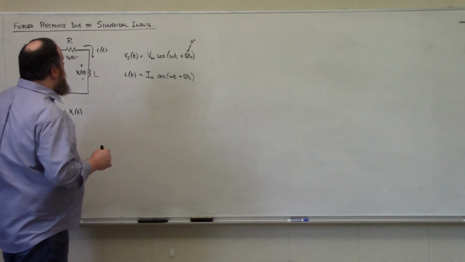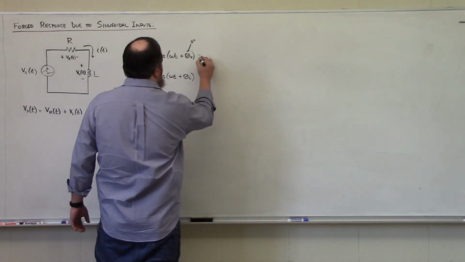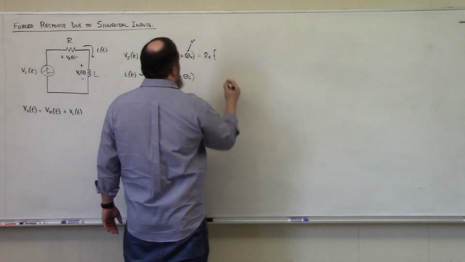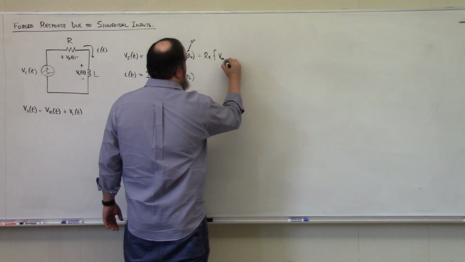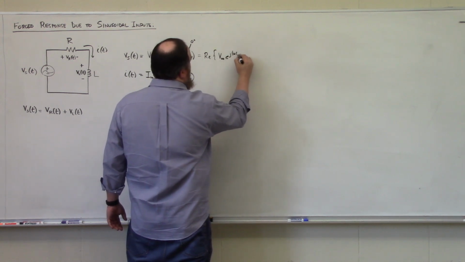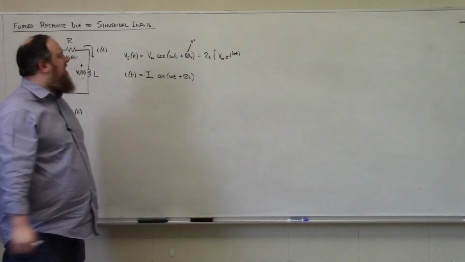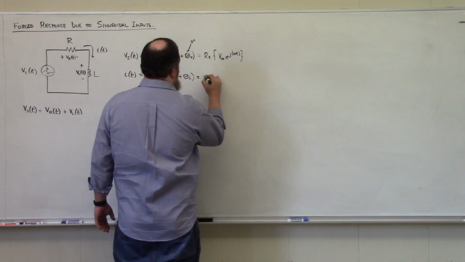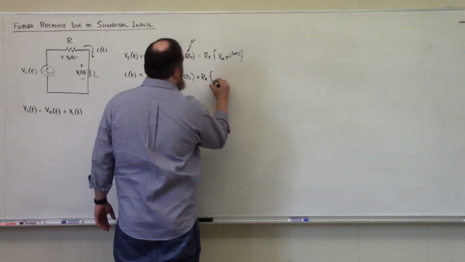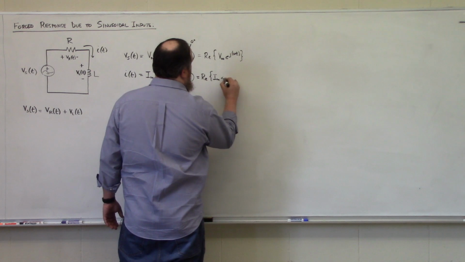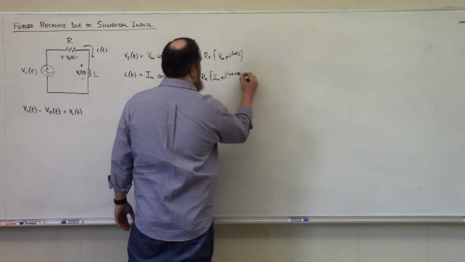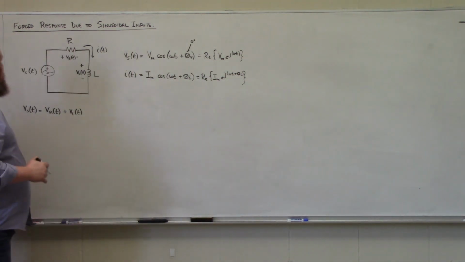So, what I'm going to do is I'm going to say that this Vs of t that I've defined right here is simply the real part of Vm e to the j omega t, where again I'm holding my phase angle to be 0 just to make my math easy, and that my response will be the real part of Im e to the j omega t plus theta I. So here's my KVL equation.